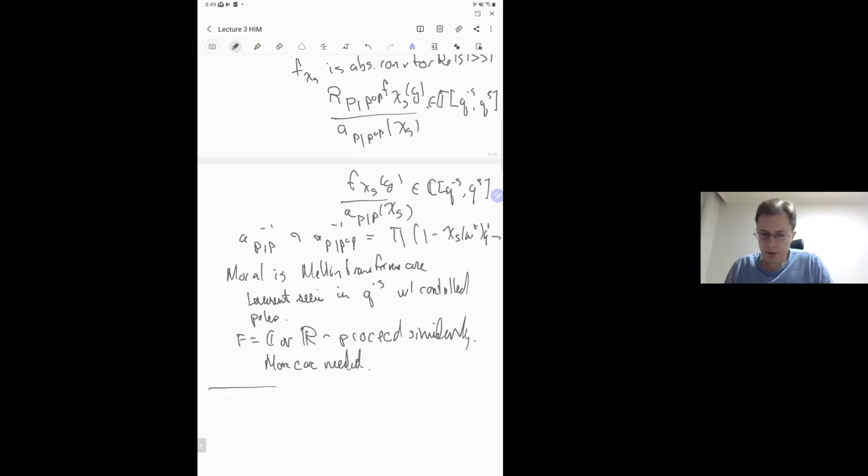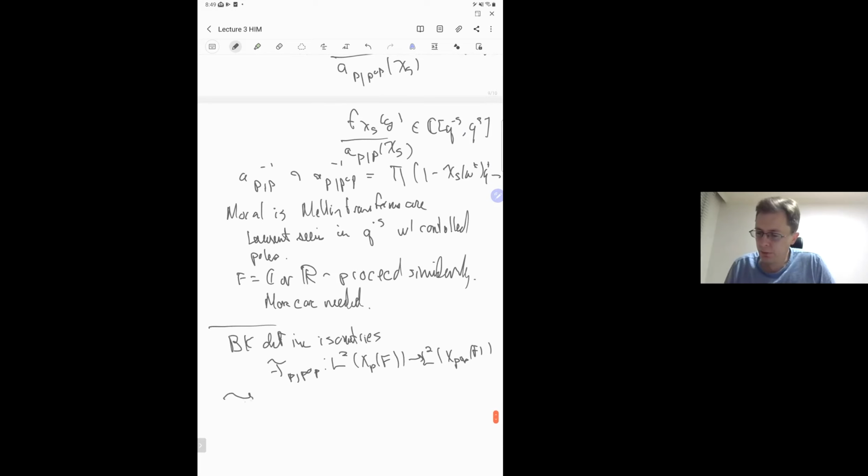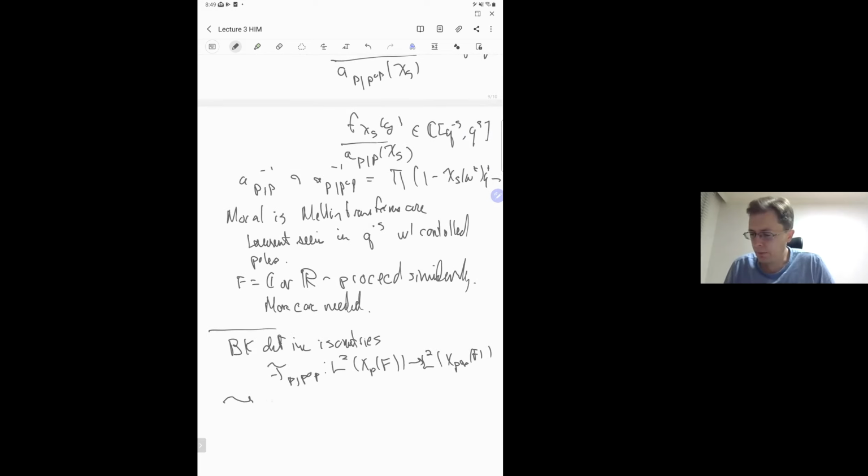Okay, so then what do Braverman and Kazhdan do? Braverman and Kazhdan define isometries F_{P,P op} from L2 of X_P, F to L2 of X_P op of F. The isometries are given in terms of an intertwining operator plus some normalizations.